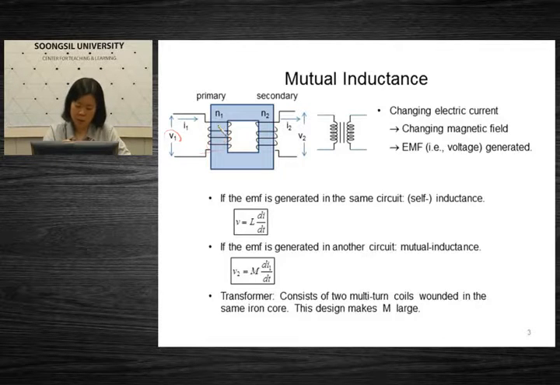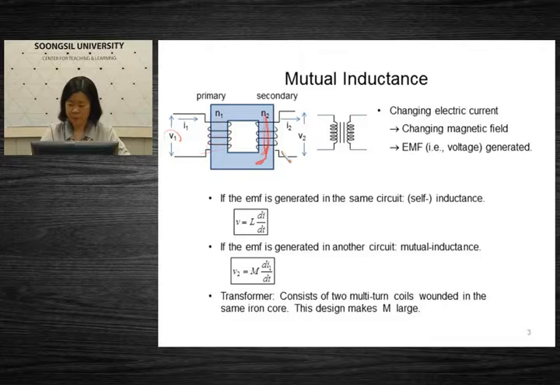This changing magnetic field is transferred to the secondary circuit, and because of this change in magnetic field, voltage will be generated in the secondary circuit due to Faraday's law. This voltage is sometimes called EMF too.